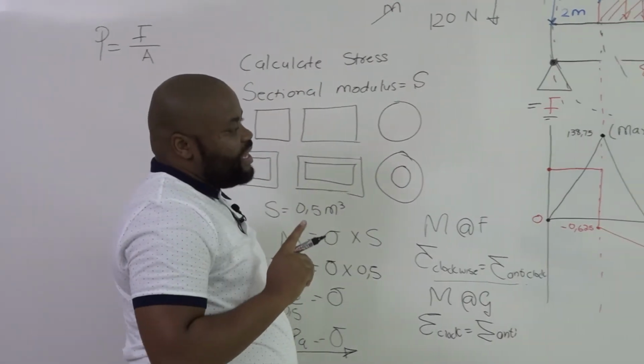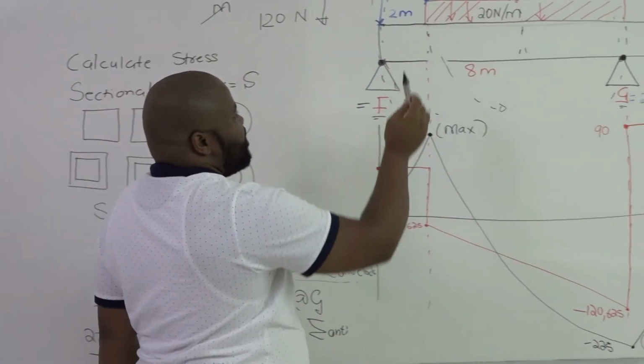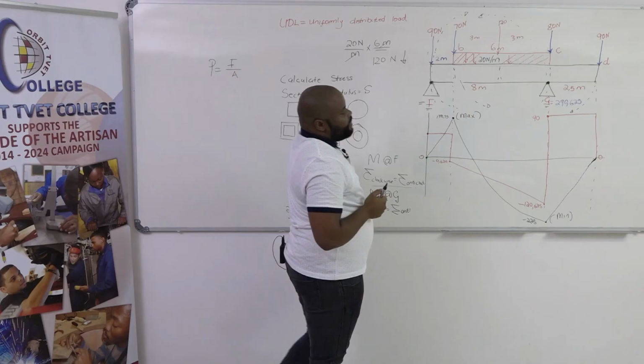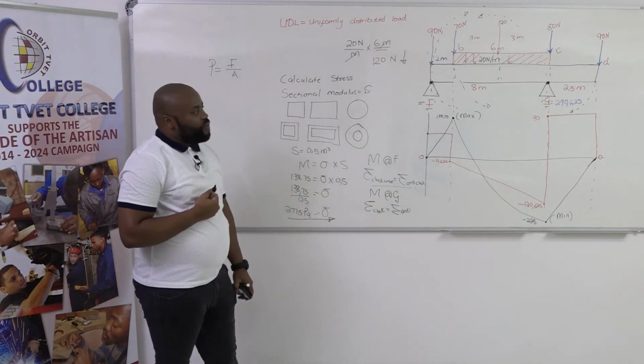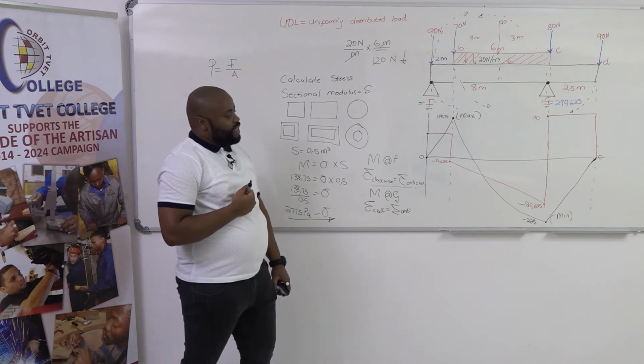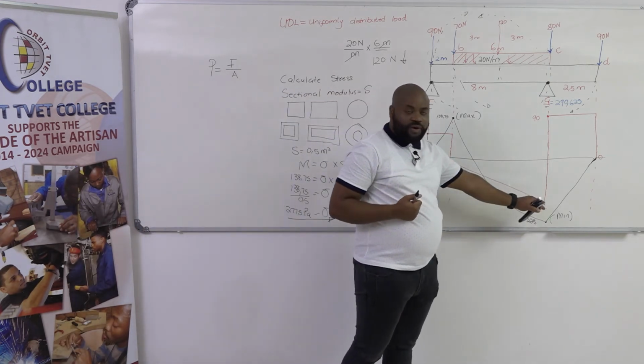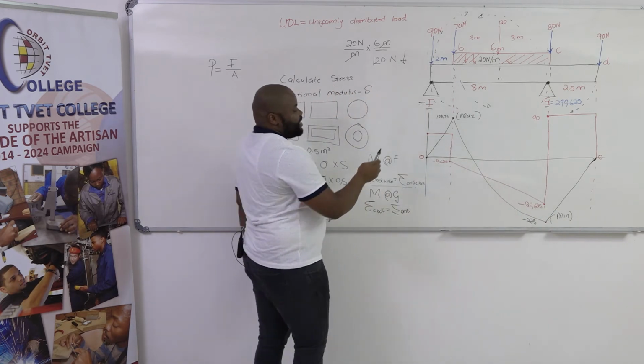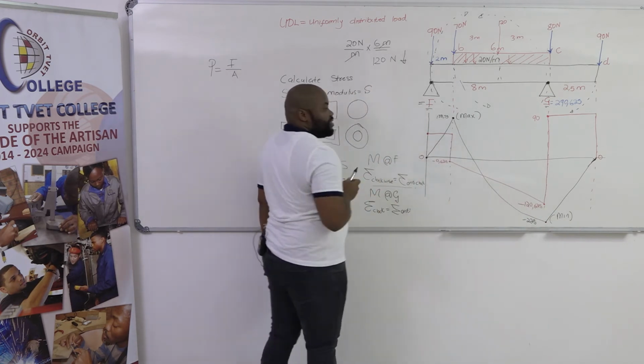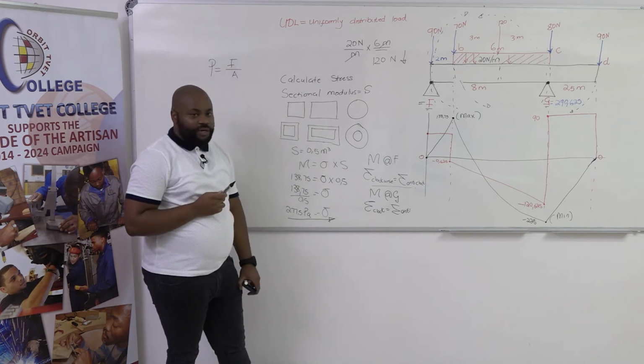But the difference comes when you are dealing with a UDL. Remember in our previous examples, when we were drawing our shear force diagram, we did not at any point slope on our graphs. We were just moving horizontally and vertically only.